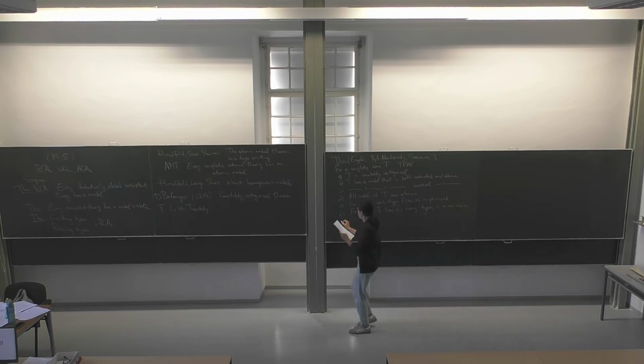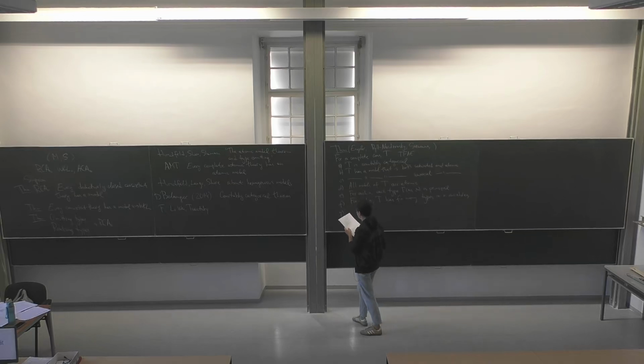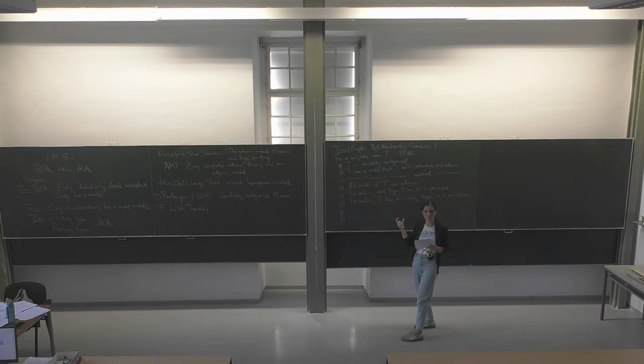Basically, here F, G, H will actually be proved by those people. G: The Ryll-Nardzewski function for T exists, meaning the function that, given n, outputs the finite number of types we have in n variables.